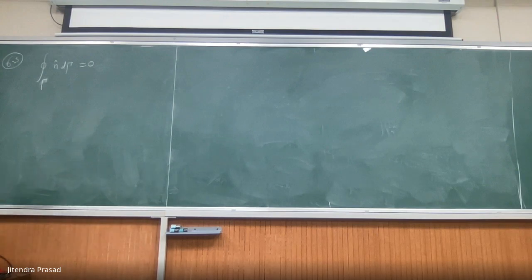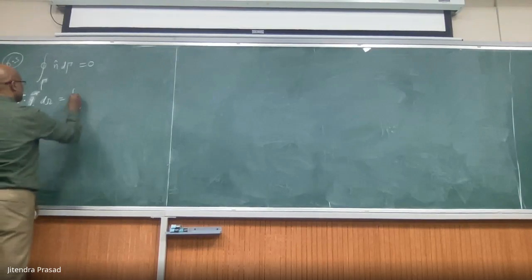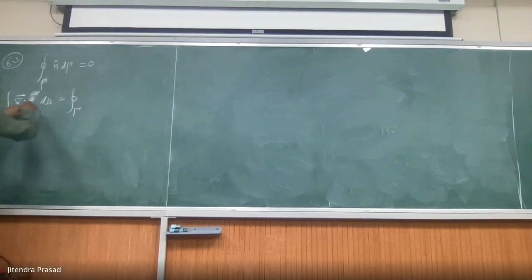Okay, so as we discussed, there are two types. Either we write it as the divergence of some function, let's say this is a function f. We typically write q here. This integral over omega of the divergence of q is equal to the integral over gamma, and remember, what you have to do is replace this by n, and you are good.